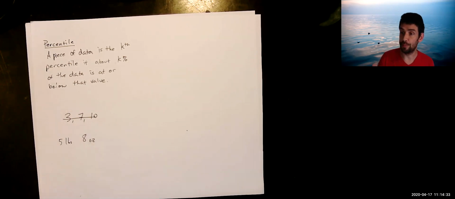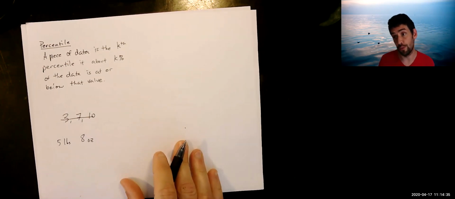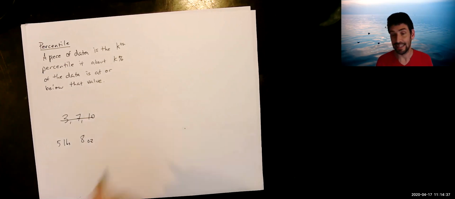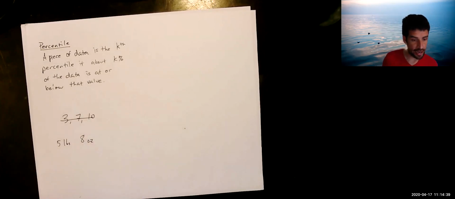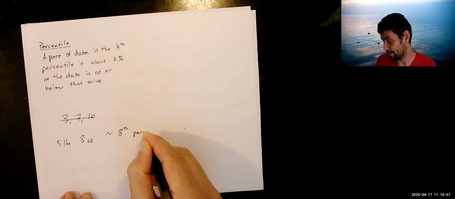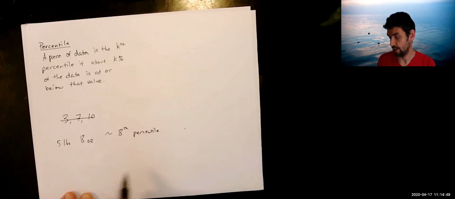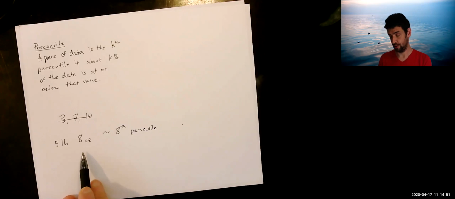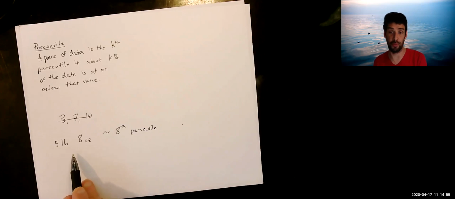And even for most parents, they probably don't understand. So often what they'll hear is a percentile. I don't have this one exactly. I looked it up, and this is about the 8th percentile. In other words, only 8% of babies are this weight or smaller.